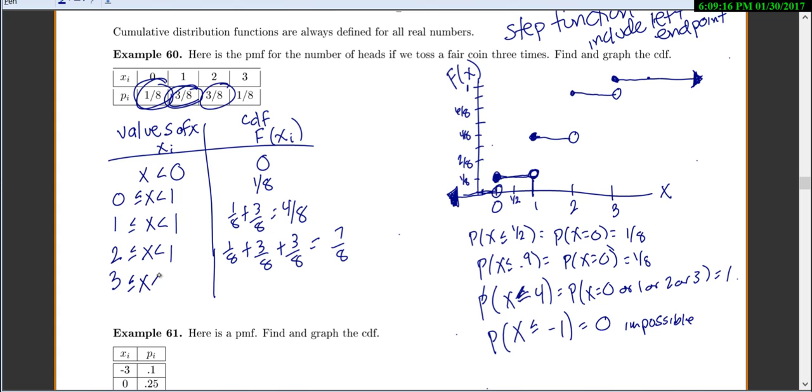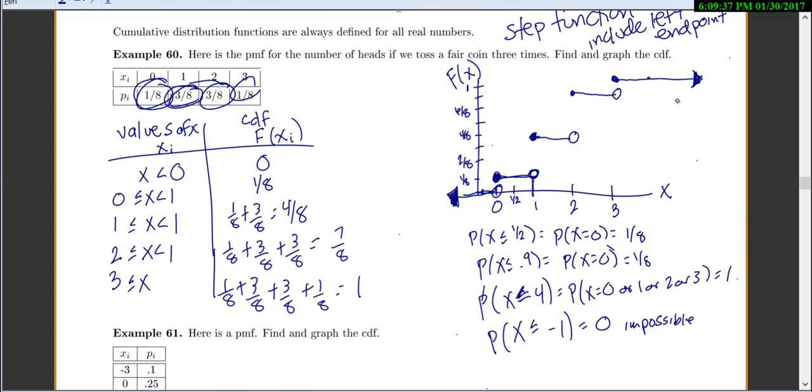And at 3, well, there's no upper endpoint here, so we'll just say for 3 less than or equal to x, we have a 1/8 and everything down below, so 1/8 plus 3/8 plus 3/8 plus 1/8 equals 1.